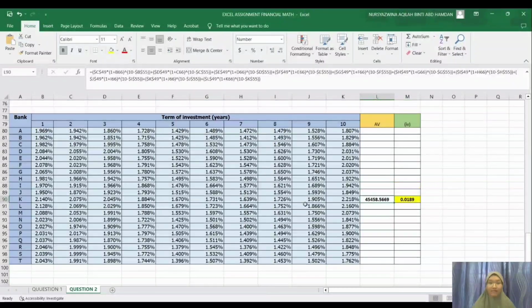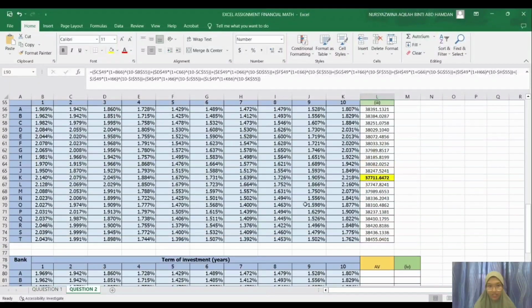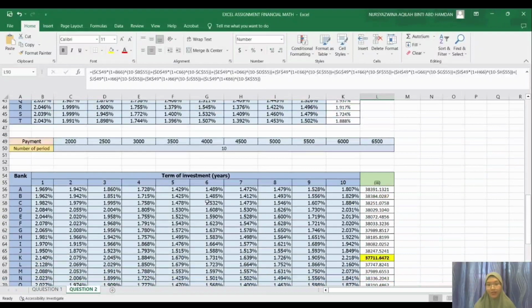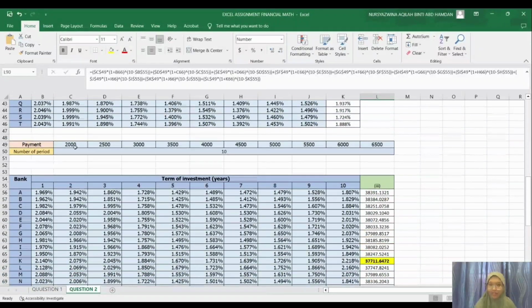So to calculate the AV for Bank K, we need the formula of R multiplied by 1 plus i to the power of 10 minus 1, or 10 minus 2 and 10 minus 3, up until 10 minus 10, which is up until the 10 years. We can use the R as we listed in the previous question, which is 2,000 until 6,500.